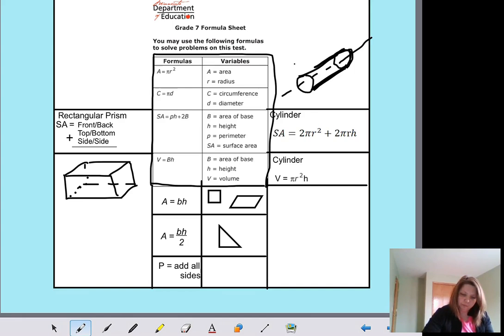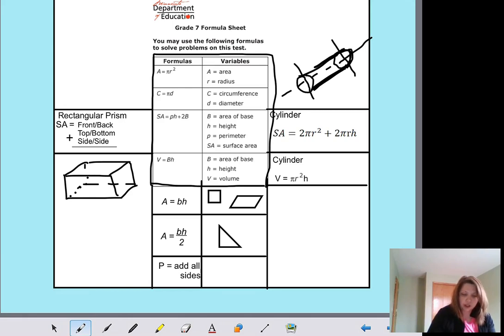For this cylinder, the surface area will be 2 pi r squared, because we have two circles in this cylinder, and also 2 pi r h, where h is the height. So that is the cylinder formula for surface area.